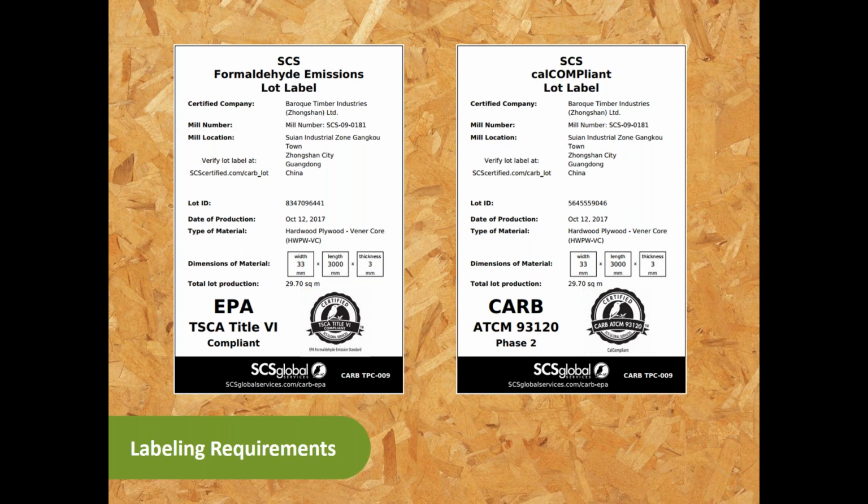Each of the labels includes the certified company's name, mill number, location, the unique lot ID that was used, production date, the material, and we'll also include our CARB TPC ID number.